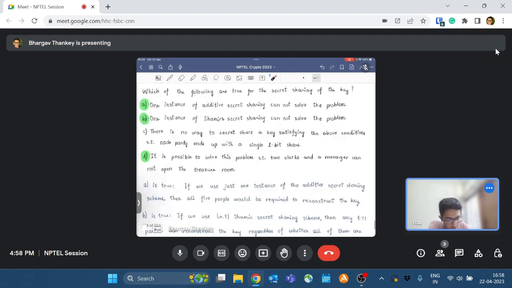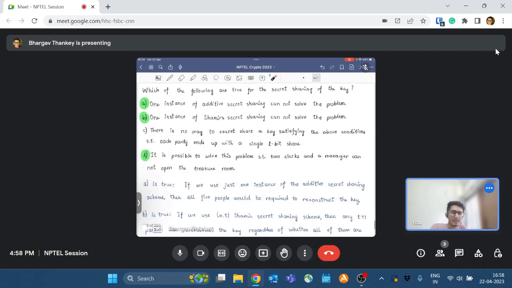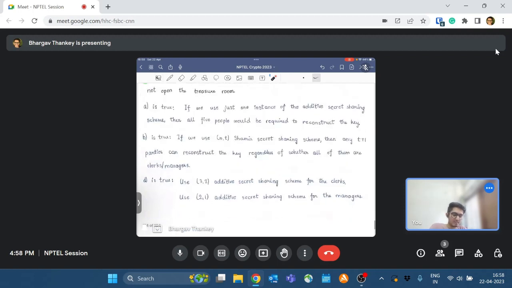And what about two clerks and a manager colluding to open the safe? Since we have used two different instances of additive secret sharing schemes for clerks and managers, two clerks and a manager cannot collude to open the safe because their shares are not compatible with each other. Their shares together won't give you any secret. So option D is true. This scheme works. So A, B, and D are true.